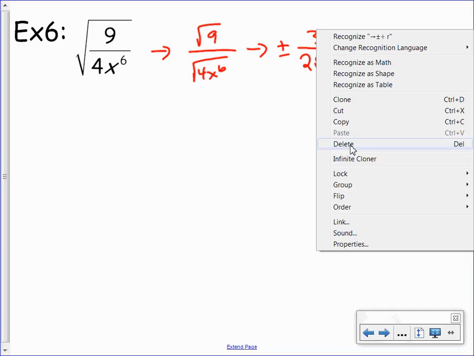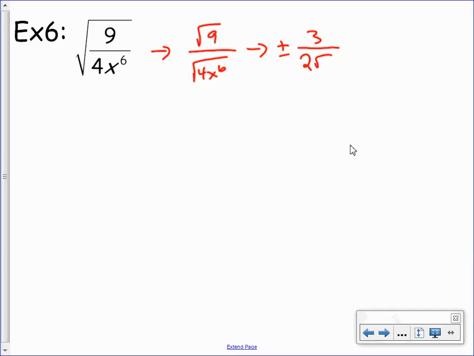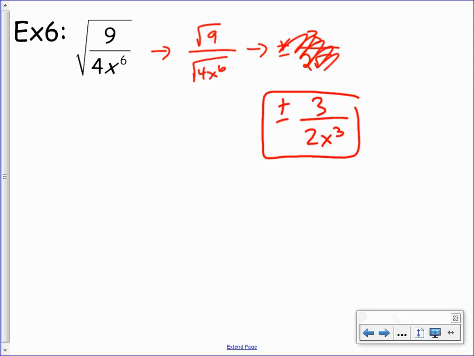So plus or minus 3 over 2x cubed. That would be good, which is all well and good because there's no radicals remaining.